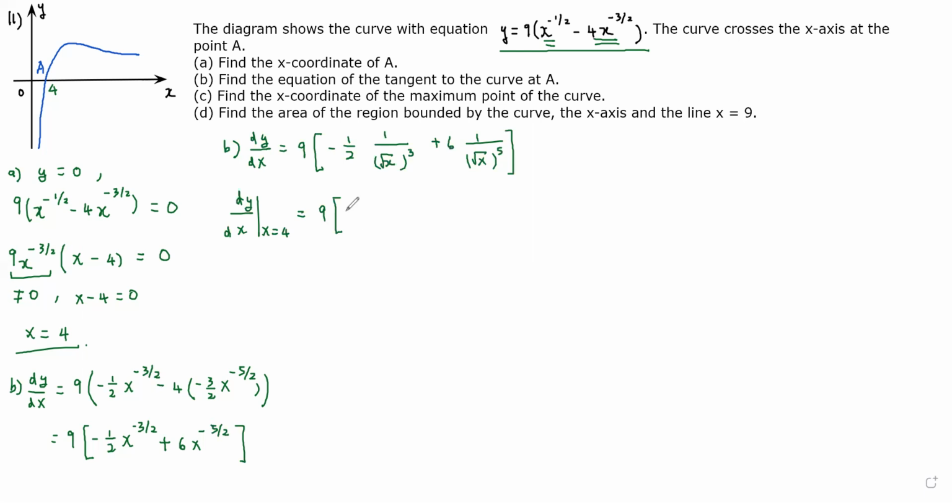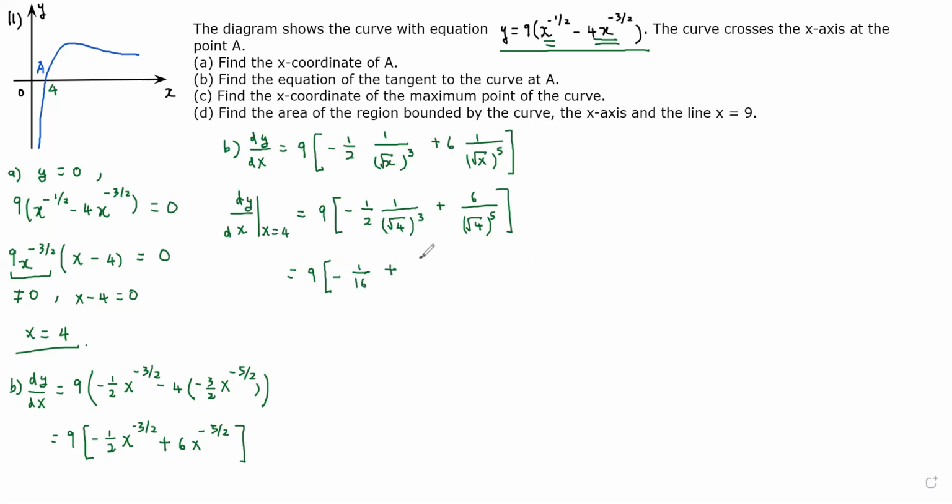That will give us 9 times negative 1/2, 1 over square root 4 to the 3, plus 6 over square root 4 to the 5. So let's look at this. Square root 4 is 2, 2 to the 3 is 8, 8 times 2 is 16. We have negative 1/16.